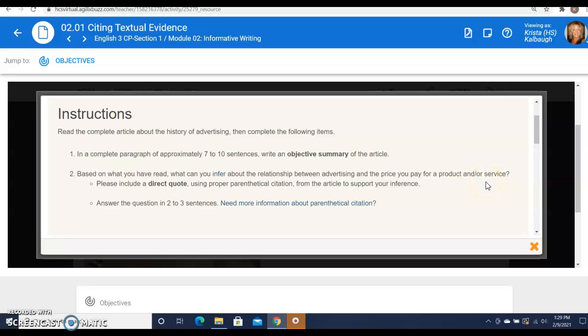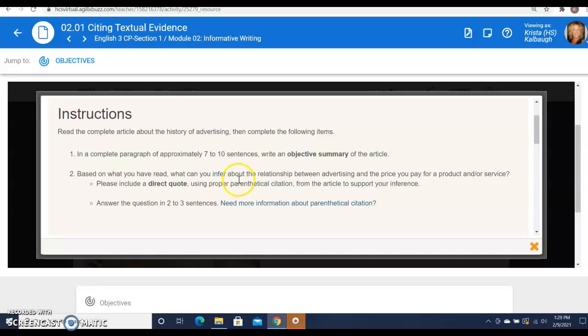Okay, so in this one, it's asking you to include a direct quote using proper parenthetical citation from the article to support your inference. All right. And that's going to need to be in 2 to 3 sentences. Okay. So don't forget either one of these, or you're going to be losing a lot of points. It's a two-step process here for this article. All right. And I will show you how to do parenthetical citation at the end of this lesson here.